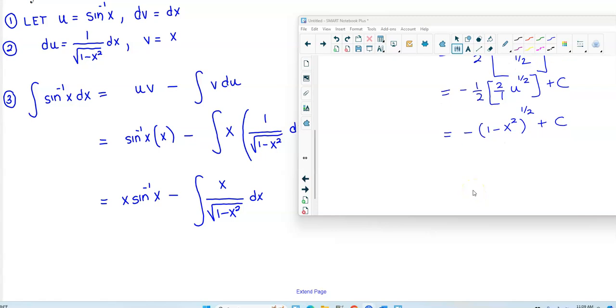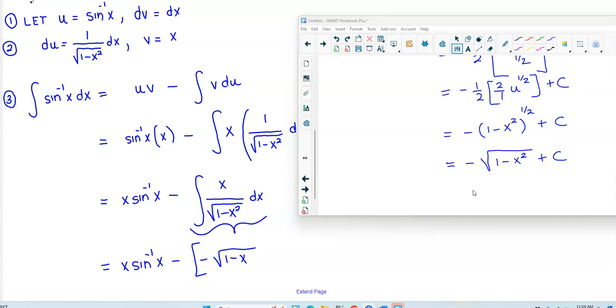We're going to rewrite that in radical form. So this is going to be minus the square root of 1 minus x squared plus c, and that's what we're going to substitute for this. So we have x times the sine inverse of x minus negative square root of 1 minus x squared plus c.